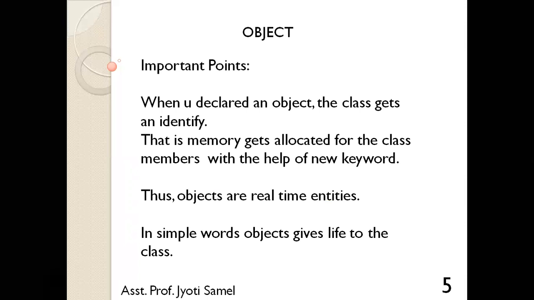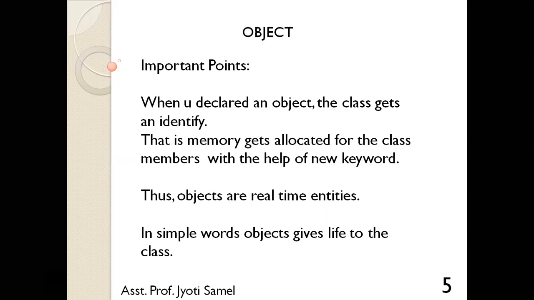A very important point: when you declare an object, the class gets an identity. That means memory gets allocated for the class members with the help of the new keyword when we instantiate an object. Thus, we will say an object is a real-time entity.